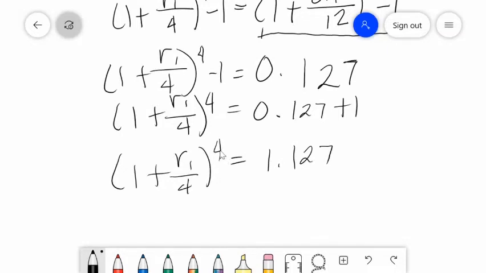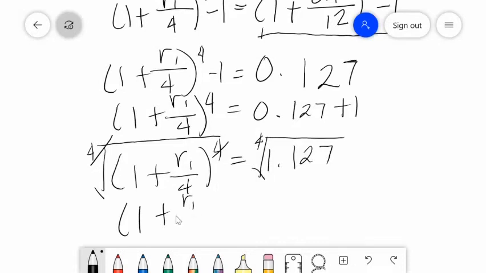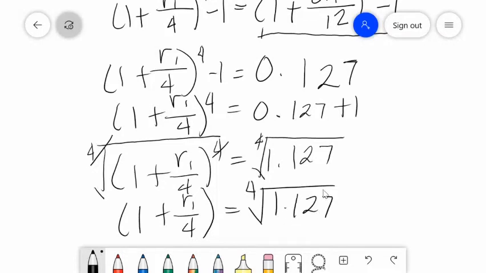So, for us to eliminate this 4 here, we need to take the fourth root of both sides. So, cancel. It will become 1 plus R1 over 4 is equal to the fourth root of 1.127.